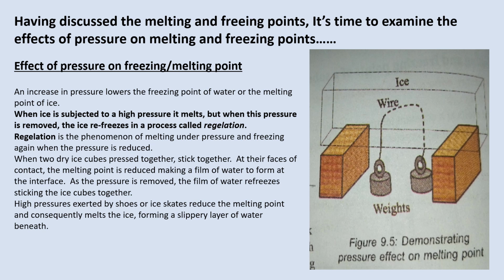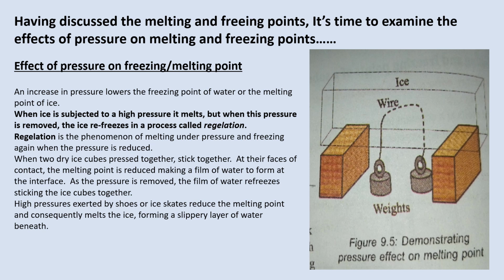An increase in pressure lowers the freezing point of water or the melting point of ice. When ice is subjected to a high pressure, it melts. But when this pressure is removed, the ice refreezes in a process called regelation.